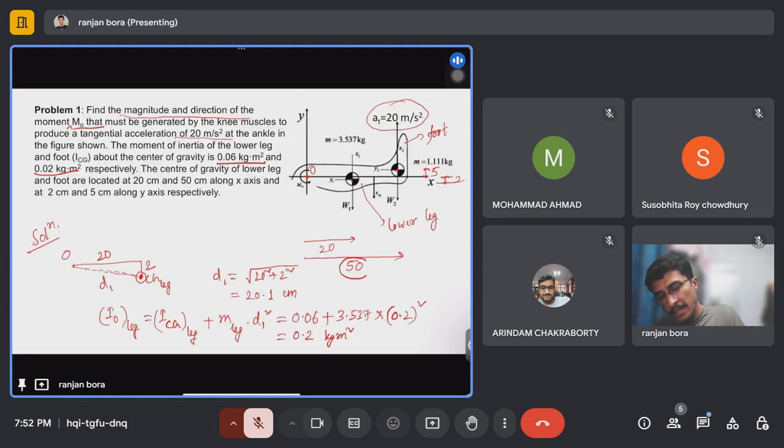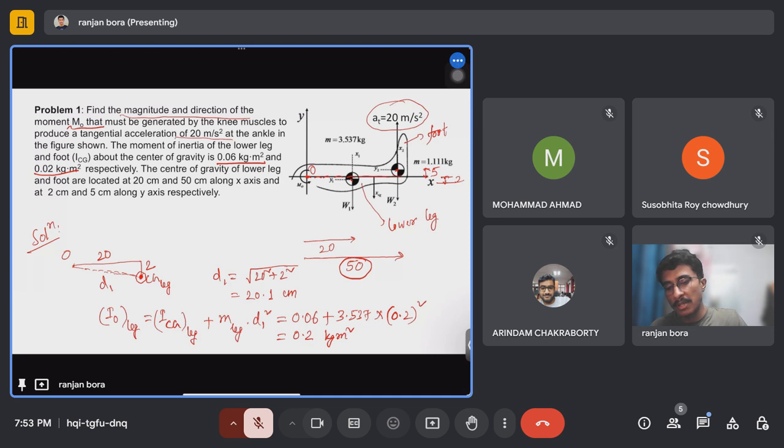This radius will be 50 centimeter, because about this ankle joint, it is situated at a distance 50. We need to take this 50 as our distance, because we are considering the direction of this tangential acceleration, perpendicular to this radius.